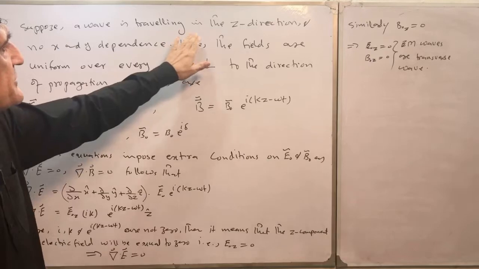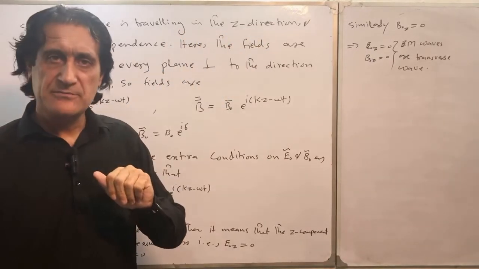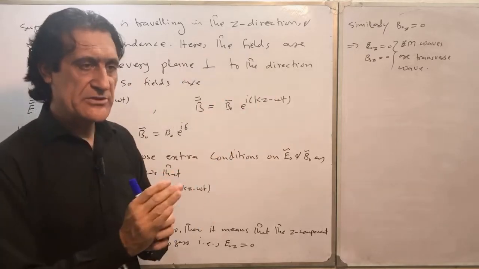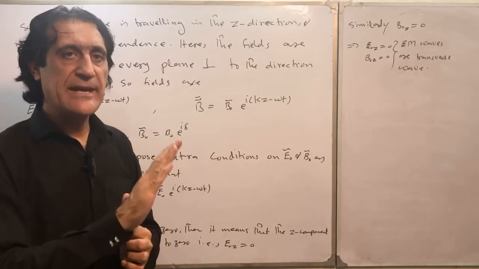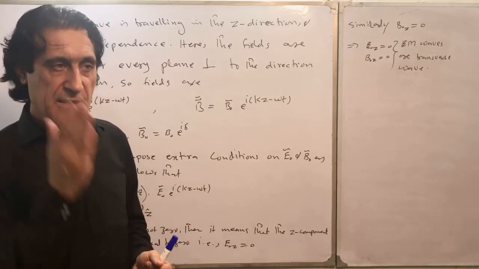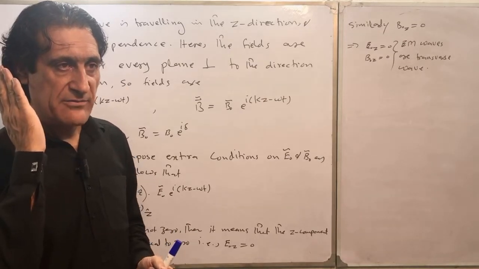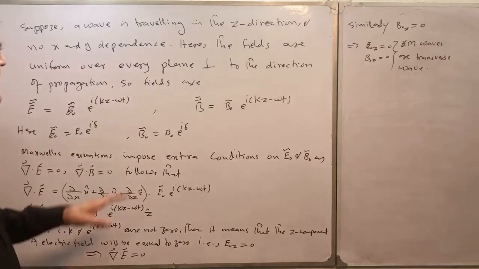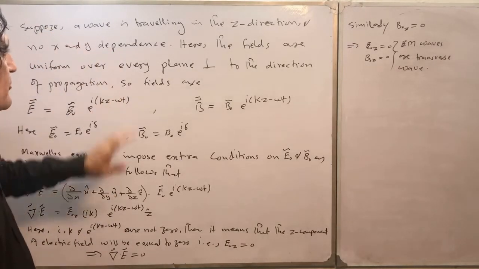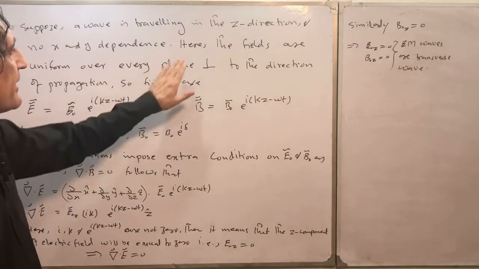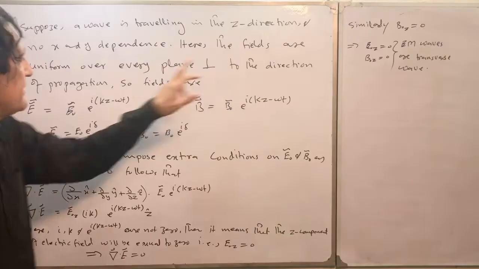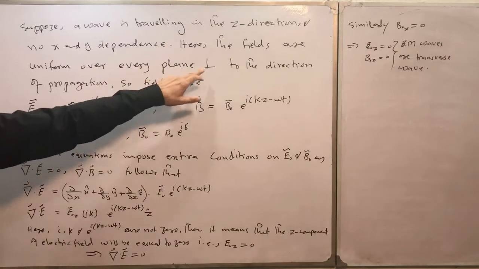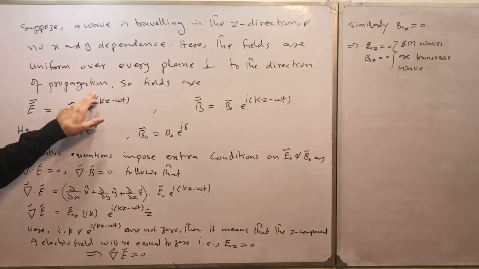Suppose a wave is traveling in the z direction. We have considered that a wave is moving in the z direction and there is no dependence on x and y, because we have specified that the wave is moving in the z direction. Here, the fields are uniform over every plane perpendicular to the direction of propagation.